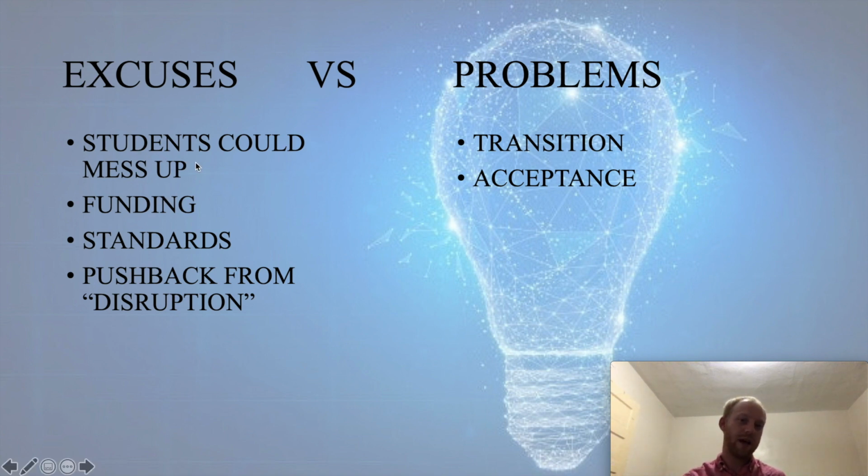I'm always going to have the opportunity for students to mess up. There's always going to be issues with funding. The standards are always going to be there. And there's always going to be pushback. Innovation is disruptive by nature. So people are resistant to change, and so they will push against it. And what it boiled down to was my real problems were transition and acceptance into this innovation culture.